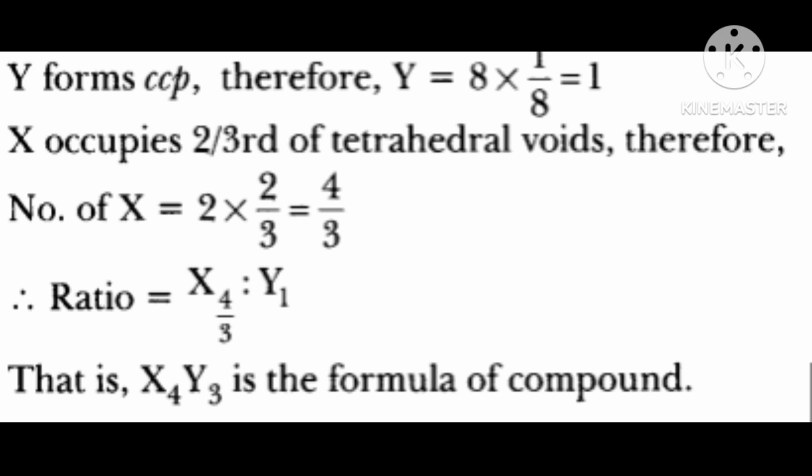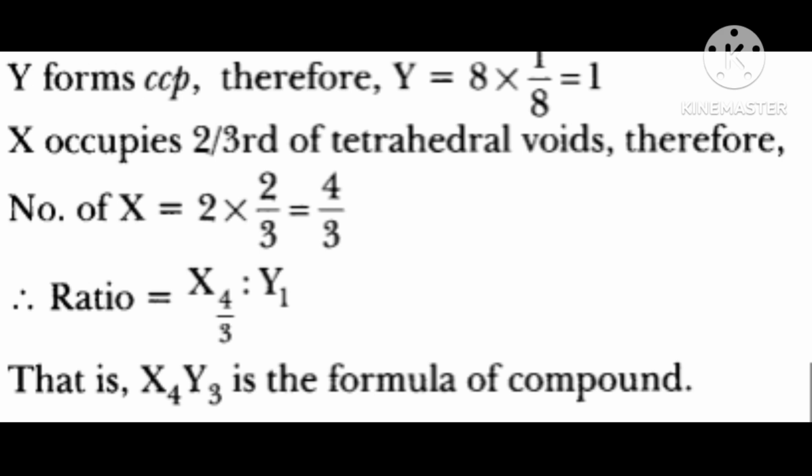The ratio is like this only: A is 2 into 2 by 3, that is 4 by 3, and B is only 1.